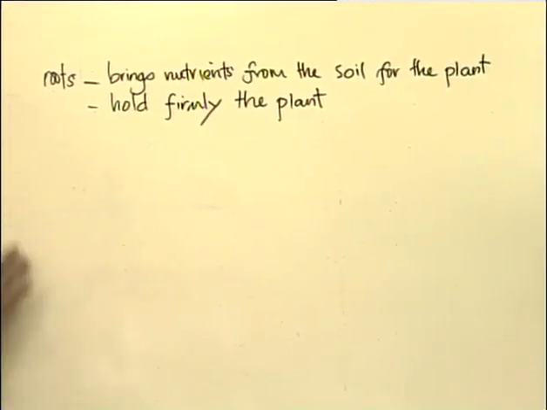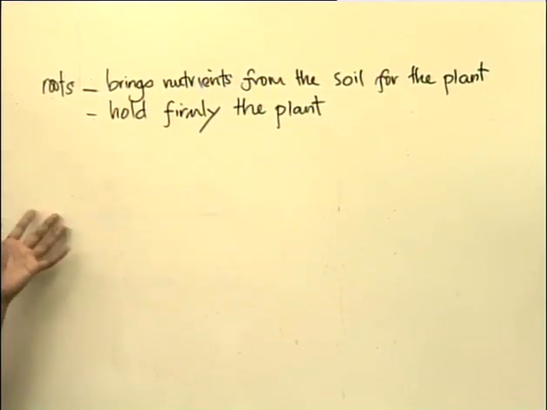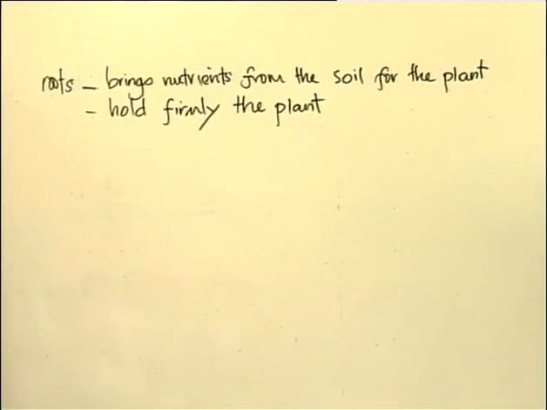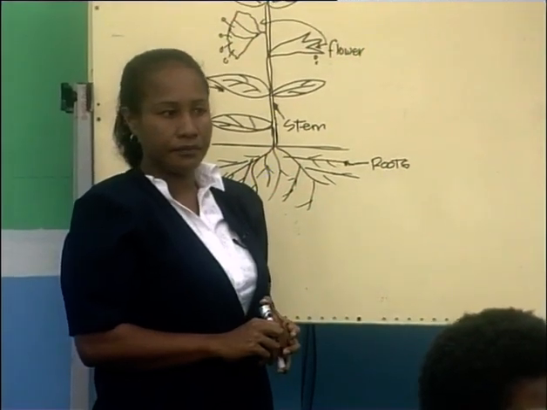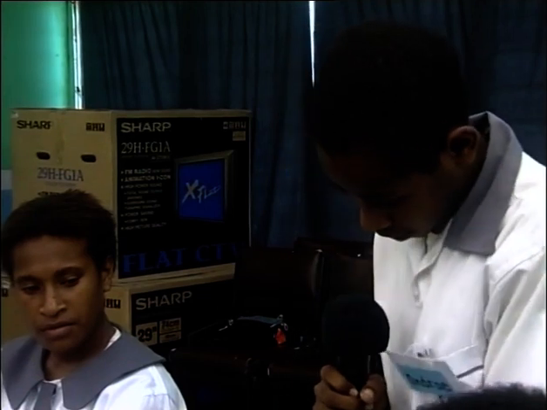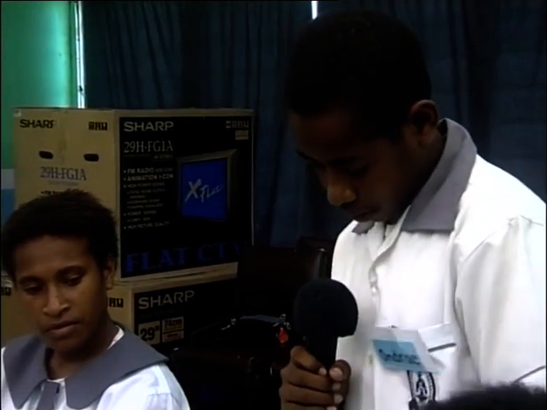Hands up if you got your answers similar to this. Yes, I think we need to hear from one more person who has something else to add for roots. The function of the roots. The work of the roots is it helps the whole plant by getting its food from the soil. All right, thank you. Good.